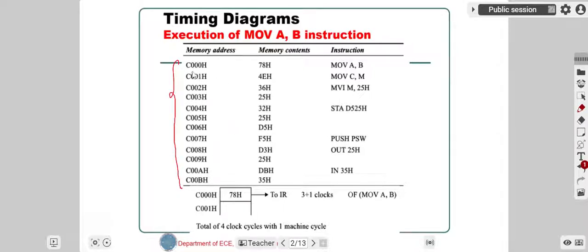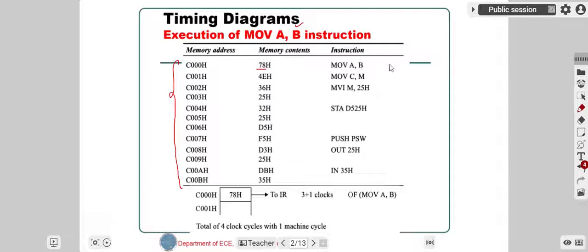Let us say we have stored this move A comma B instruction, which we are going to study in terms of its timing diagram, in the memory address C000H. It can be any arbitrary address. We already know that the opcode for this instruction, move A comma B, is 78H.